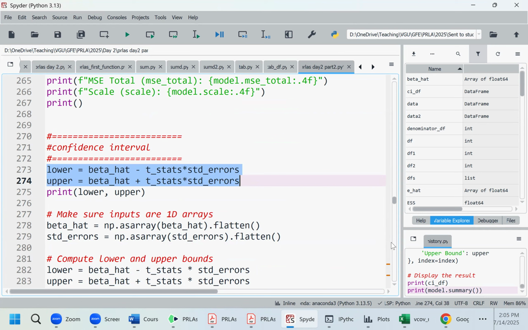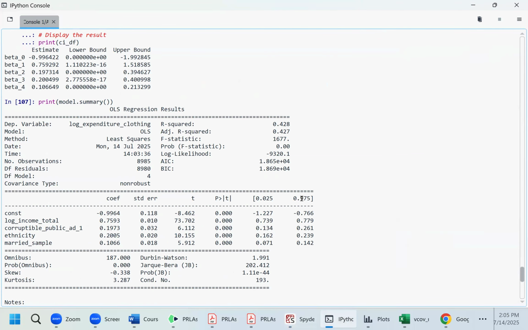Okay. So what is our degrees of freedom here? It is 8,980 degrees of freedom, right? So we would need to compute the critical value of a t distribution with 8,980 observations.